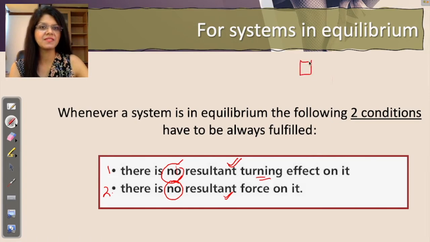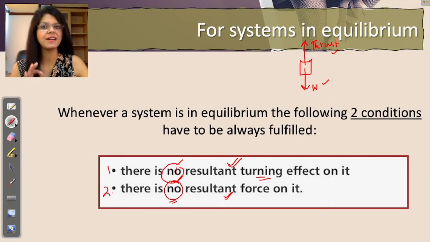If that's your pen stand, there is a downward force of the gravity, let's call it the weight of the pen stand, which is balanced by an equal and opposite upthrust, or you also call it thrust. These 2 forces are equal and opposite. So how much is the resultant? The resultant is 0.